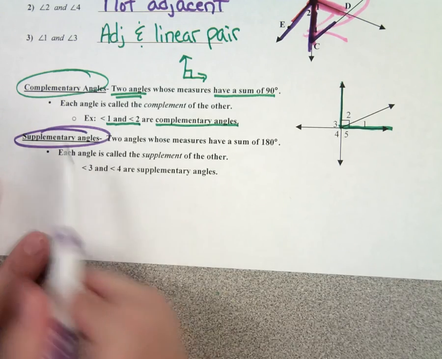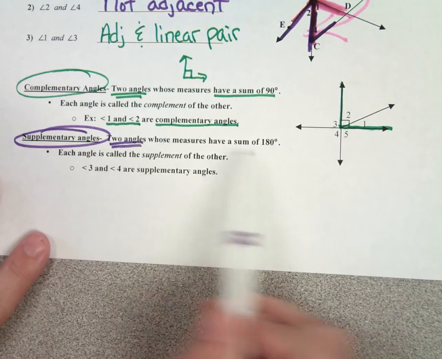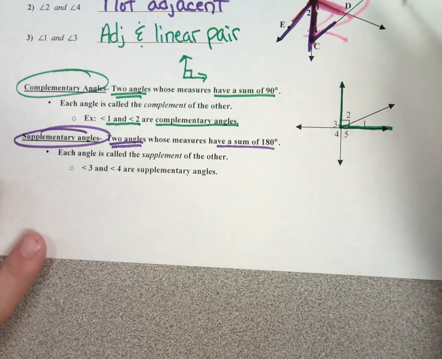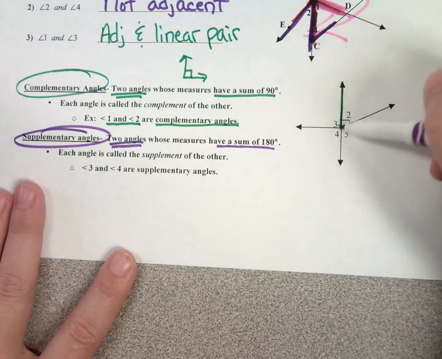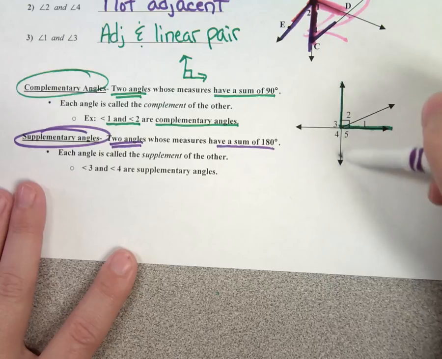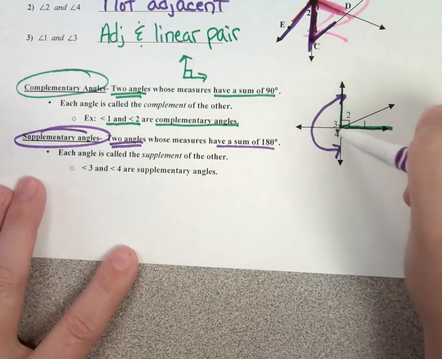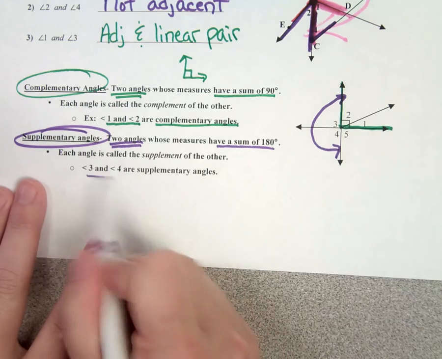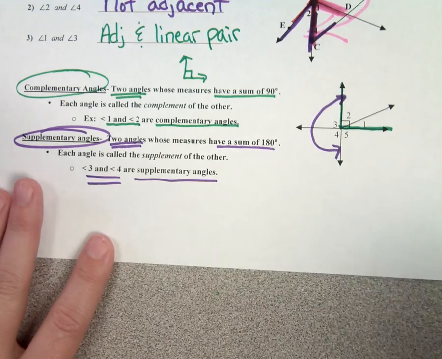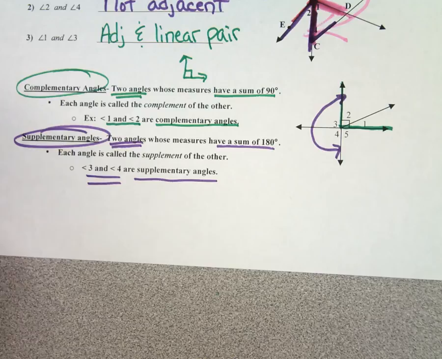Okay, supplementary, we talked about that just a little bit ago. These are two angles that have a sum of 180. And you can see angle 3 and angle 4 have a sum of 180 because from here to here, that makes up 180 degrees. So angle 3 and angle 4 are supplementary. Do you see any other angles in the picture that are supplementary?